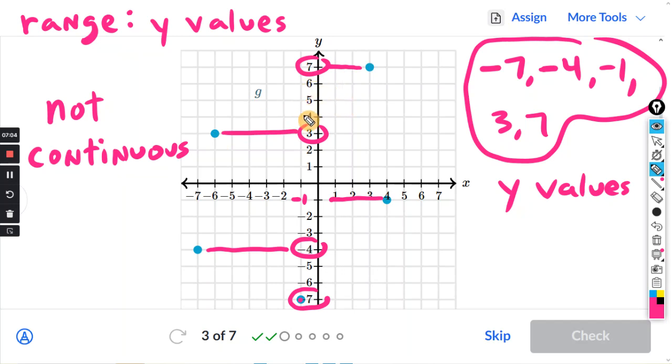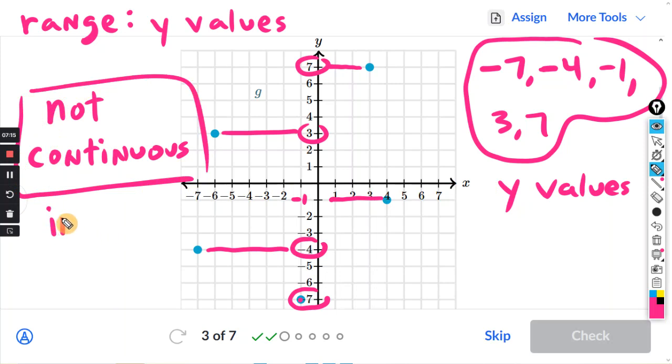So you just pick out the individual values when it's not continuous. There's no greater than less than.